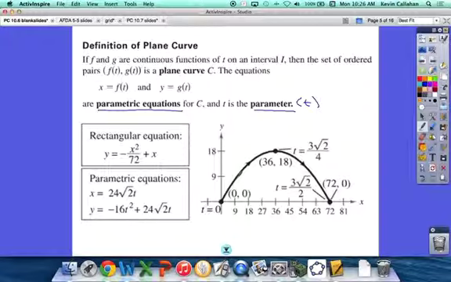In this case, as t went from 0 to whatever it did, until it got to that point, and then it stopped. And I should say, the graph is called a plane curve. So parametric equations, plane curve.